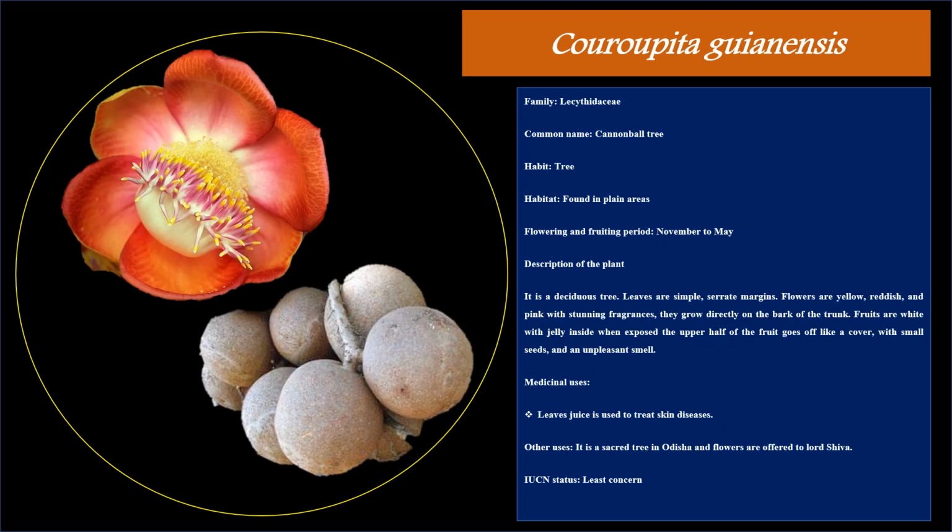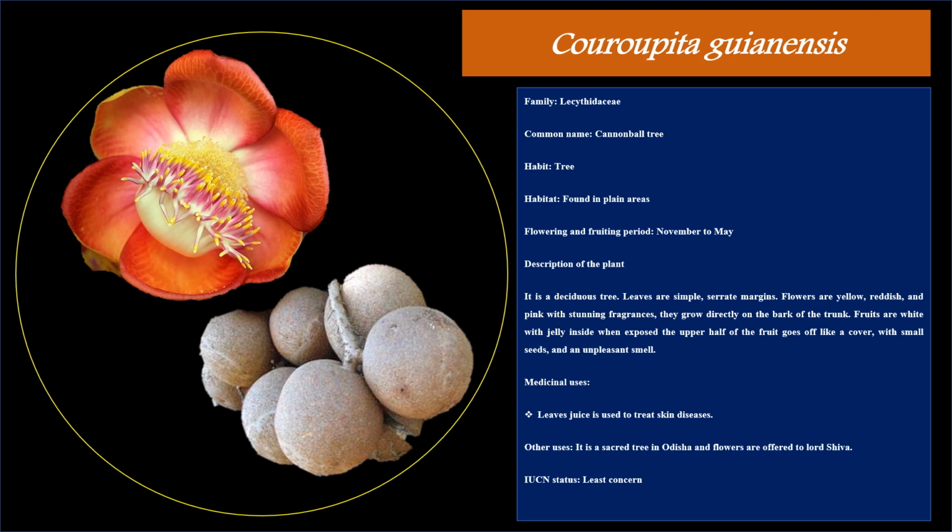Then comes our next, or you can say last slide, that is Couroupita guianensis. Couroupita guianensis belongs to the family Lecythidaceae, and its common name is cannonball tree. Why is it named cannonball tree? Because the fruit itself looks like a cannonball.